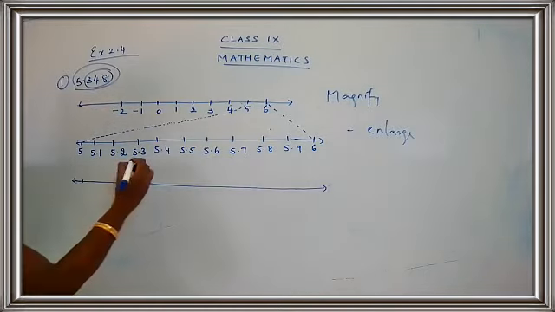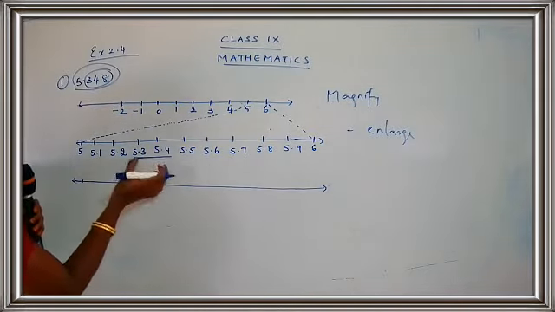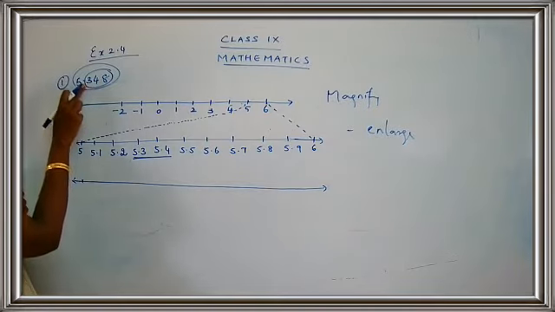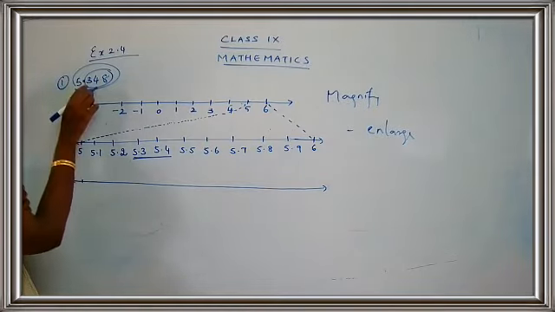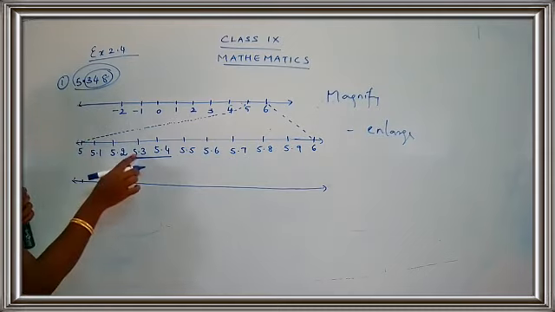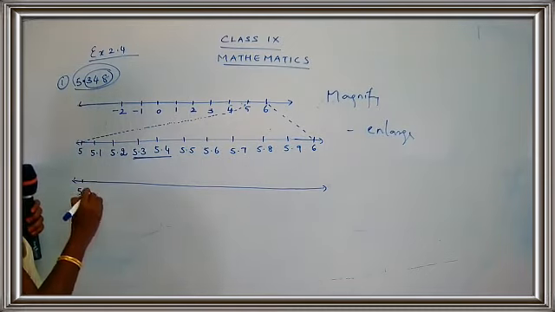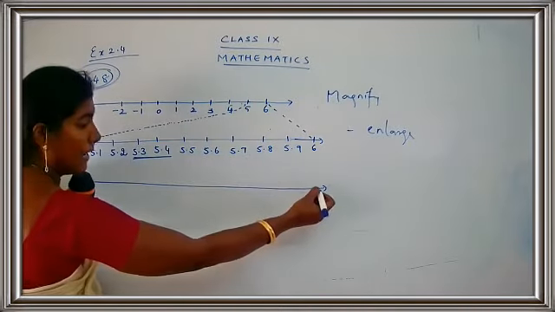So here I am going to focus. I am going to magnify 5.3 to 5.4 because I have the number after the decimal point starting from 3. So I am going to magnify this area. So I'll be writing 5.3 first and the last will be 5.4.